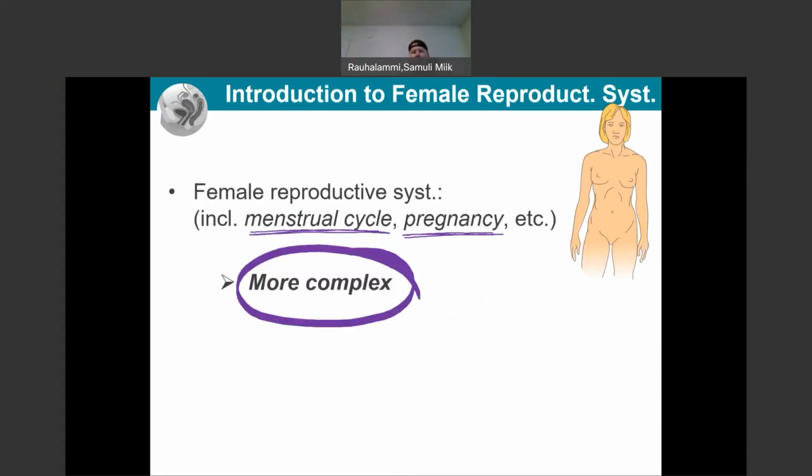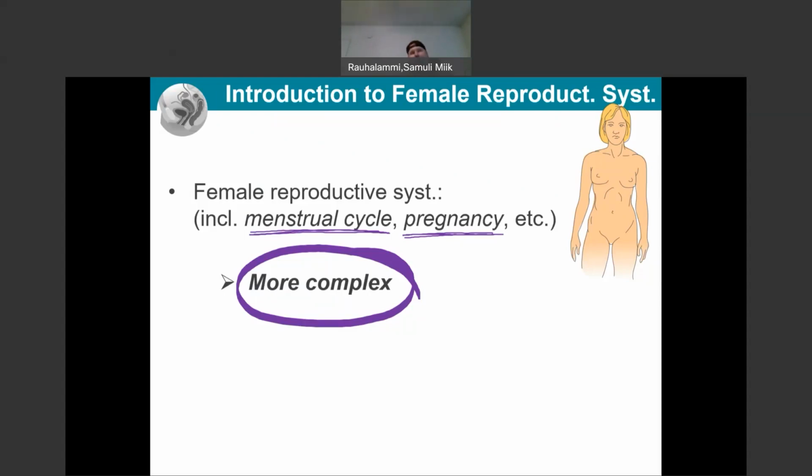Whereas in the males the hormone levels remain fairly consistent throughout adulthood after puberty, becoming sexually mature, there is a cyclical nature to the female hormone changes and the effects that the hormones have on the female. So this is much more complex.